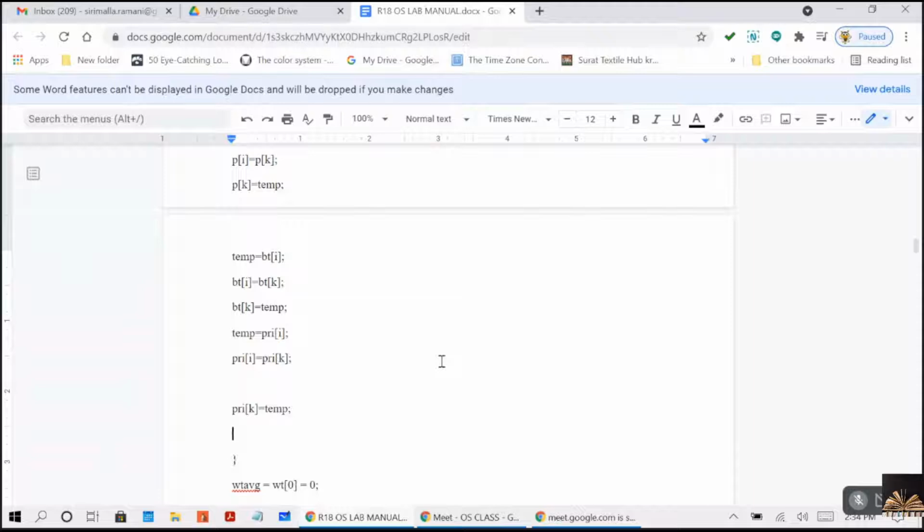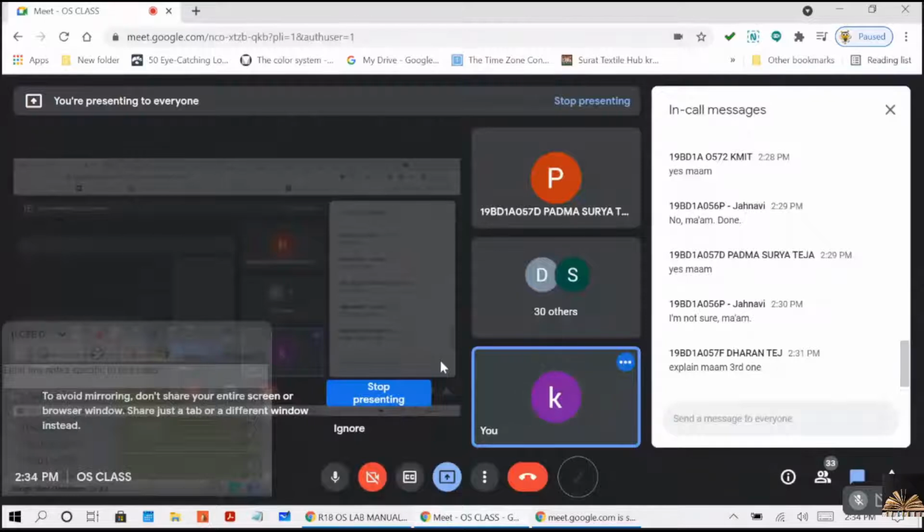The job which has the less priority number will be given process ID 0, the first process, and that process's burst time will be considered. Clear? The priority one?